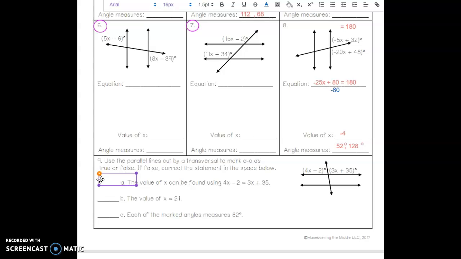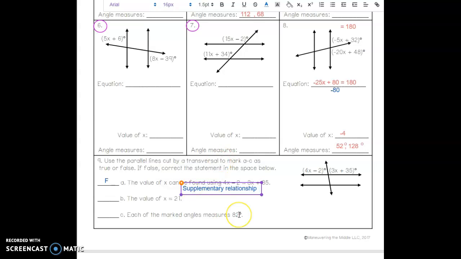Use the parallel lines cut by the transversal to mark A through C as true or false. Correct any false statements. I'm going to look at those expressions and I notice that it is a supplementary relationship. It is a linear pair. The value of x can be found, oh, that's a false. It cannot be found using this equation because it is a supplementary relationship.